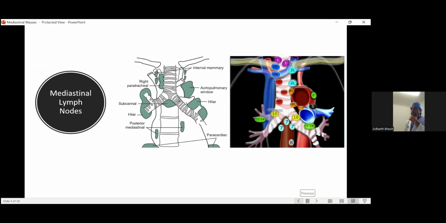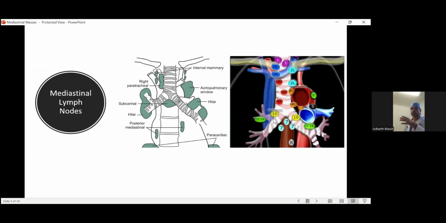And there's an easy way to know about that. When you do the staging of the lung cancer with nodal involvement, it becomes N1, N2, and N3. Let's assume that the tumor is on the right side. N1 would be ipsilateral lymph nodes, double digit. So a 10 on the right side would be stage N1.